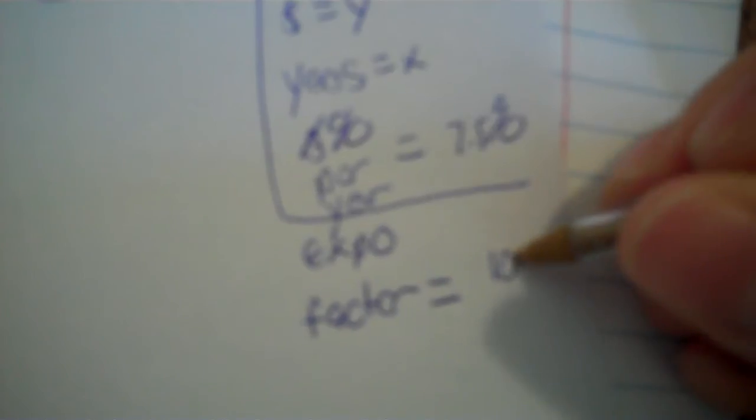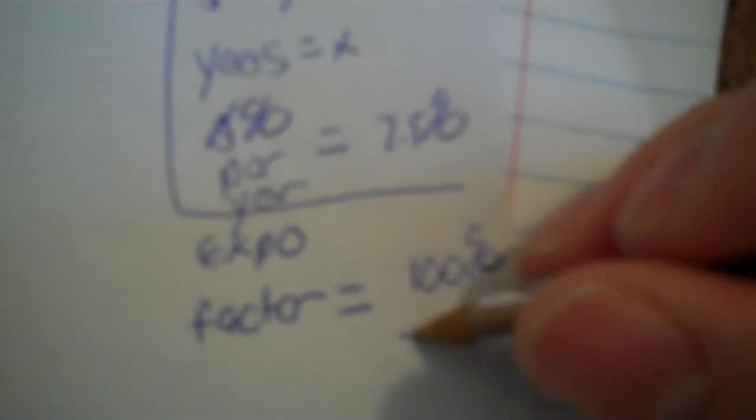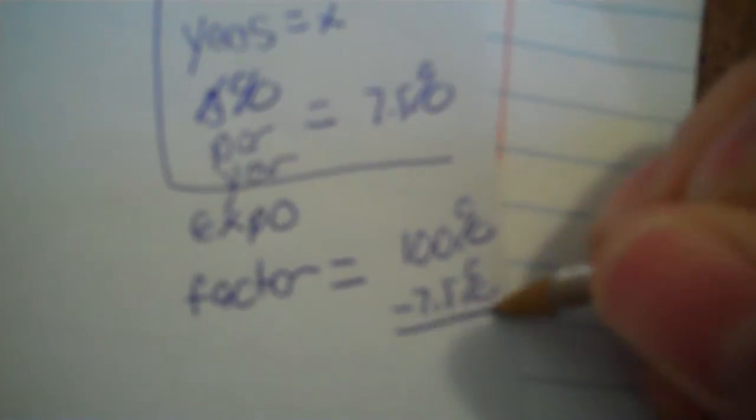Well, that changes the game. Now it's an expo function, and I have to find what my factor is. To find your factor, you're going to take 100%, and again, it decreases, so you're going to minus 7.5%. So I take 100 minus 7.5, 92.5.